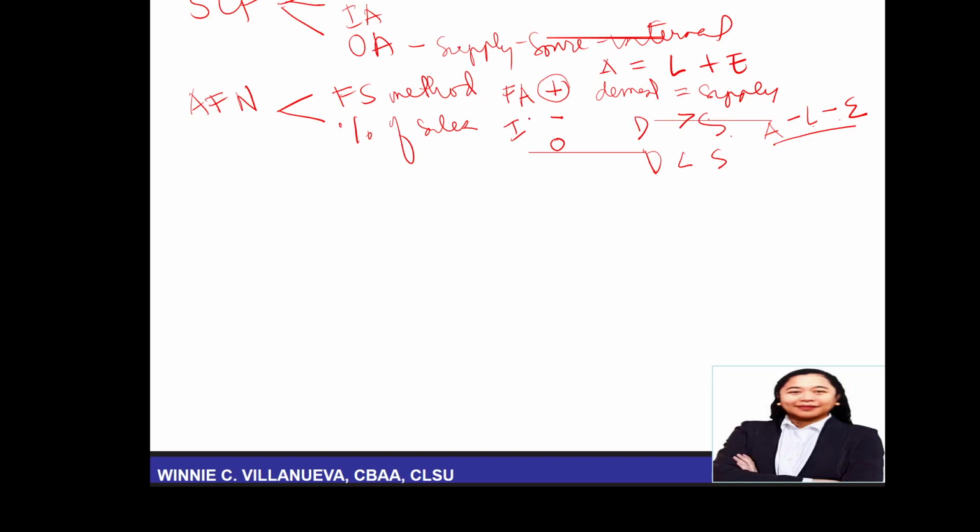And, pagka zero, ano yun? Ito yung basic model natin, asset. Yung demand equal sa supply. So, ano yan? Sapat lang kung ano ang meron ka. Diba? Zero is operating activity.